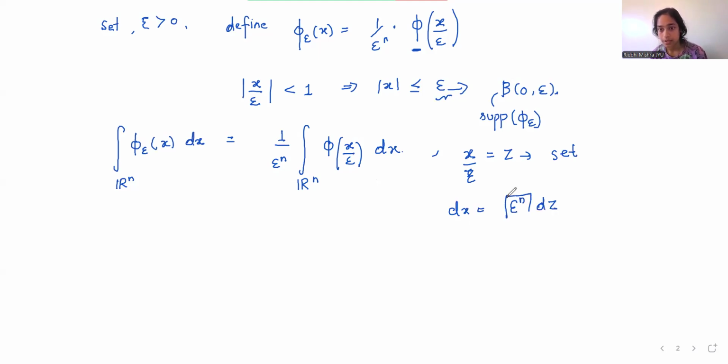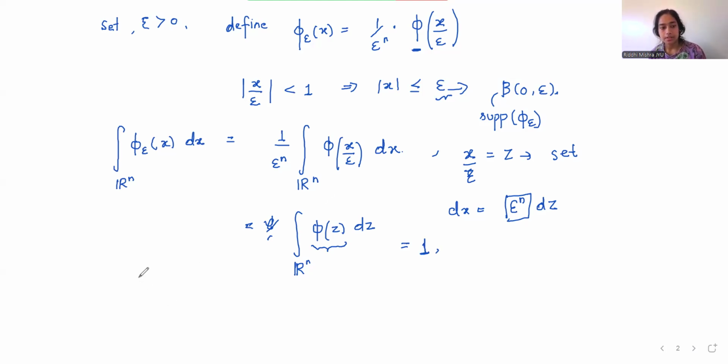This is the Jacobian of this transformation. So we get the integral over Rn of phi of z dz, and we know that for a standard mollifier the integral is 1.